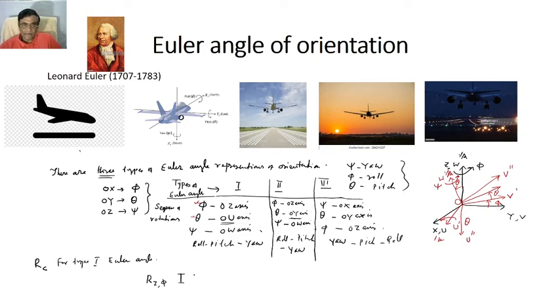They will be post-multiplied, and the principal matrix will remain the same, meaning x or u by an amount theta. So this is number one operation, this is number two operation, and then Z means W by an amount psi. So this is the composite rotation matrix RC, which equals R Z phi, R U theta, R W psi.